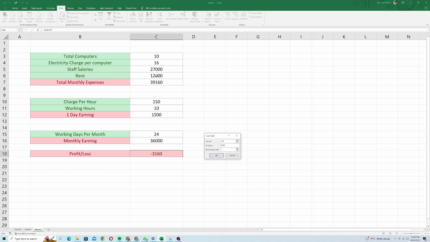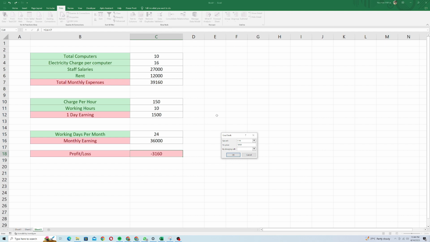So I will click on the staff salaries and press OK. You can see that the staff salaries need to be reduced to 18,840 to actually achieve 5,000 of profit.